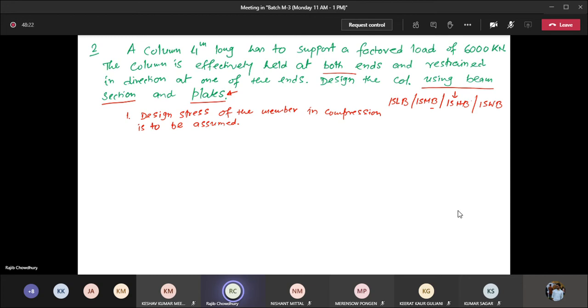This KL by R ratio is required, and that is why we are going in a reverse direction. In the previous example, we had all these things together and then calculated the design stress. Now we are assuming the design stress, after assuming the grade of the steel is Fe410, which has yield stress 250. But how do we proceed?